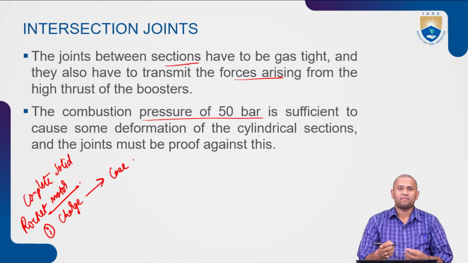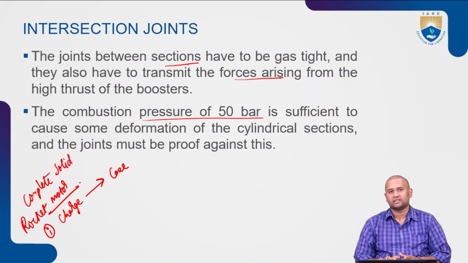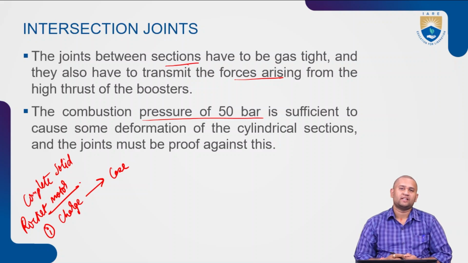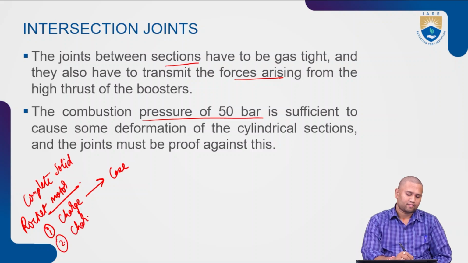This can be made for different sections of a solid rocket motor if made in parts. If you want to make it in a single instance, we will be providing the charge onto the case directly.